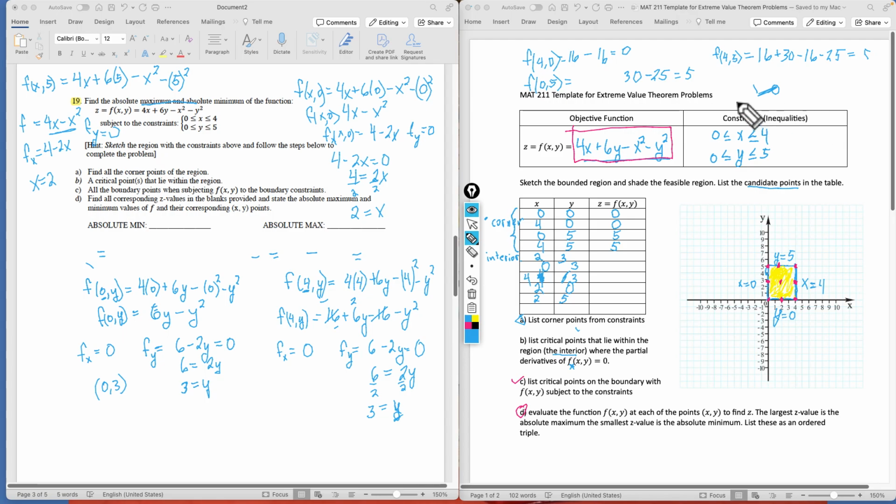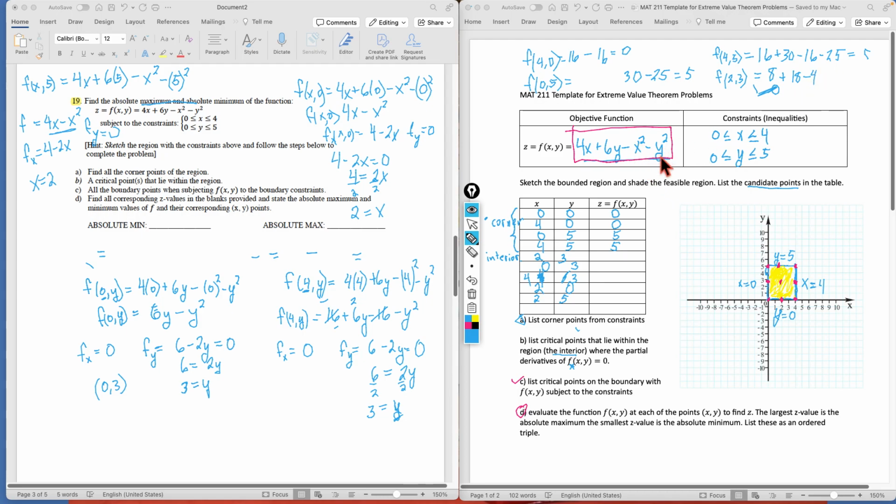Cancel that out. So we'll look at f of (2, 3). So we'll go through this. 4 times 2 is 8, plus 6 times 3. 6 times 3 is 18. Minus 2 squared. 2 squared is 4, so that's a minus 4. We're going to get something different.